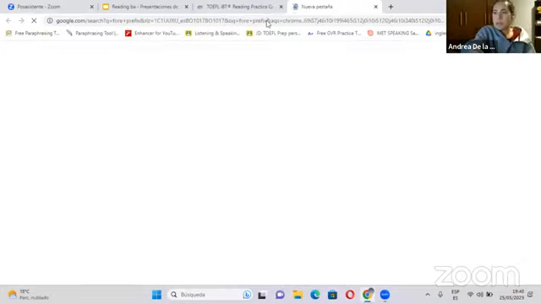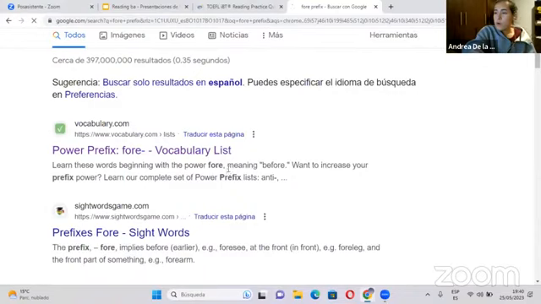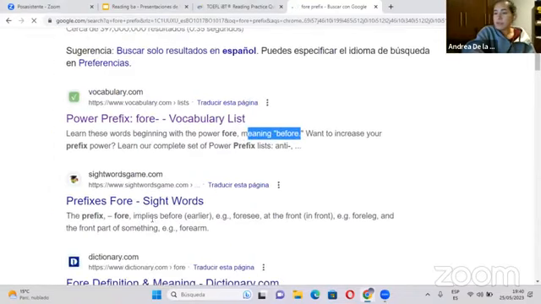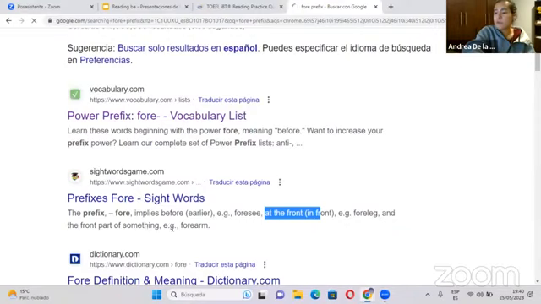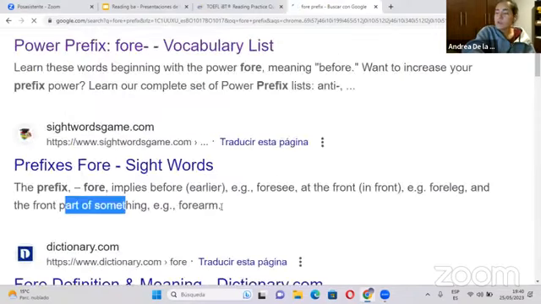So let's see the meaning of the prefix for. For means before. Okay, and basically that implies before, earlier, or at the front, the front part of something. Forearm, right? Do you see how you have all of these words? Forearm means at the front of your arm. Foreleg, at the front of your leg.